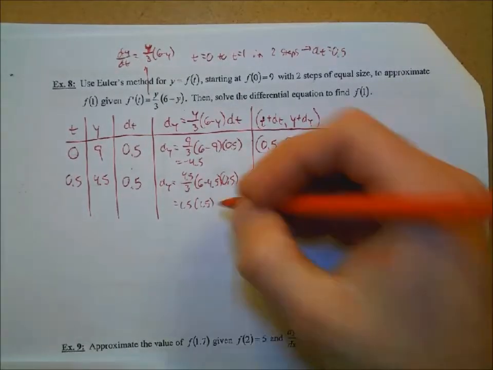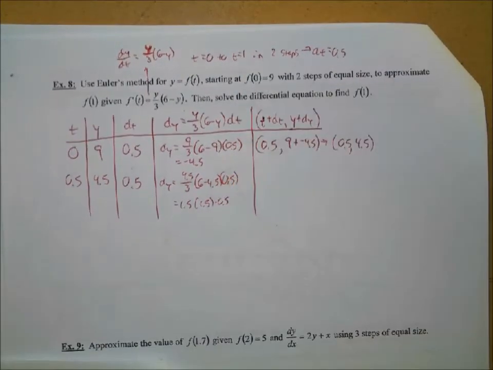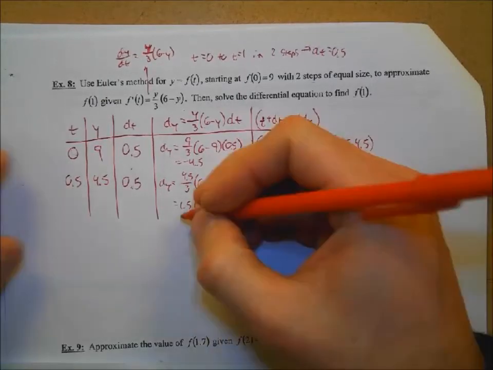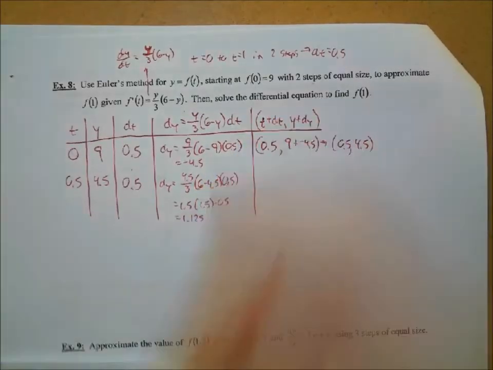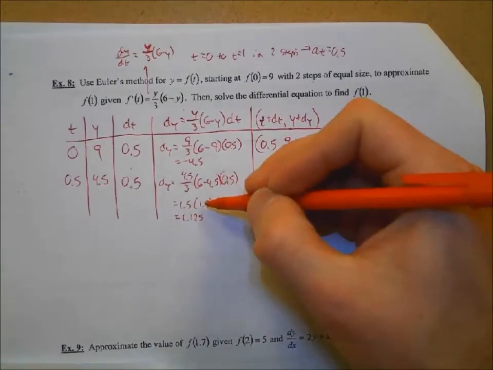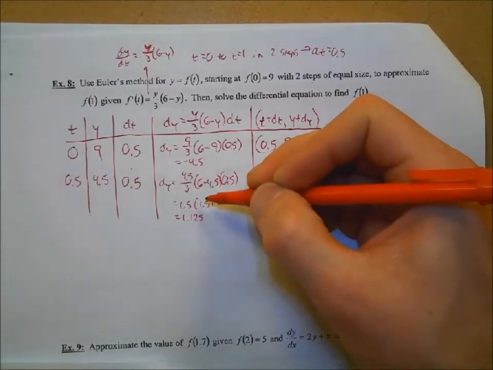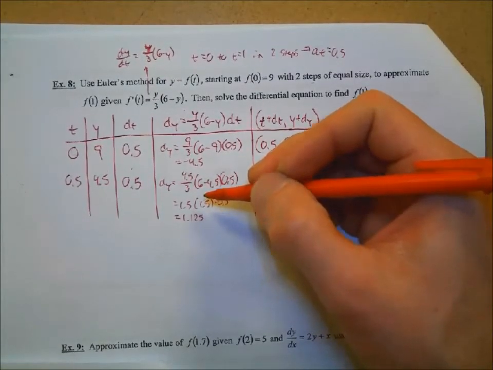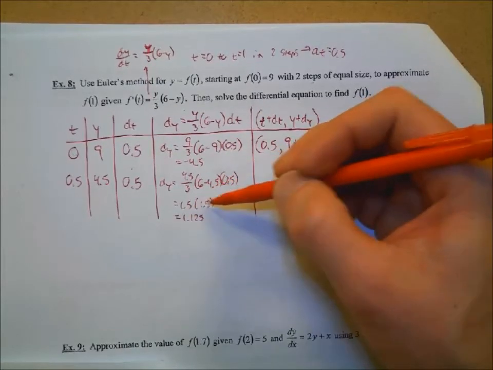And then times 0.5. Okay. And this ends up being 1.125. 1.5 times 1.5, 2.25, sorry, 2.25, and then times 0.5 gives you the 1.125.